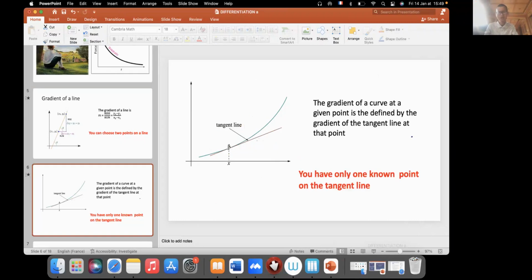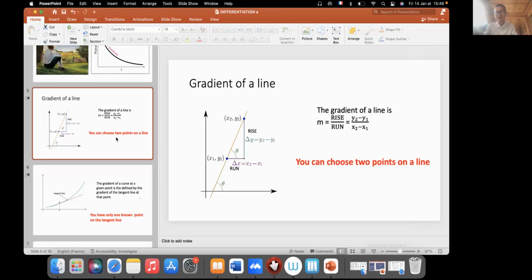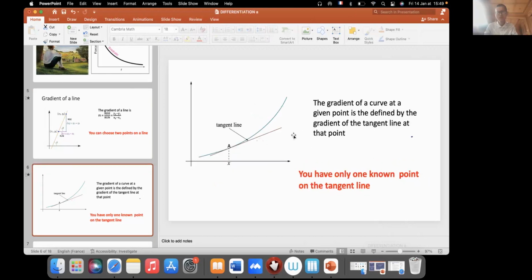But here we have only one known point, which lies on the curve. Because the curve is known, this point is also known, right? So we have only one point on this straight line, which means that at this moment, we can't calculate the gradient of the tangent line, right?